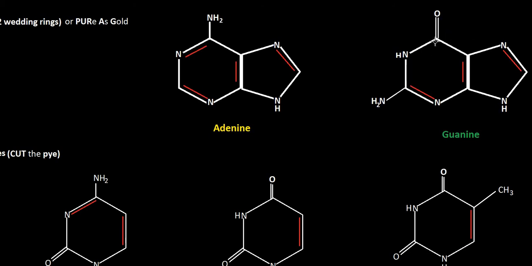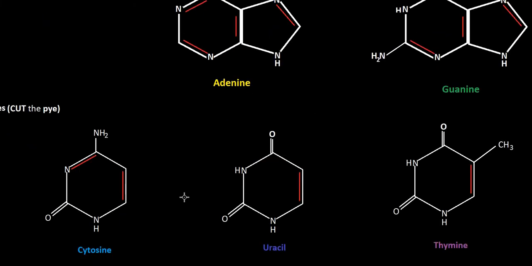So guanine has a carbonyl group, and adenine has 0 carbonyl groups. Cytosine also has a carbonyl group, but it's just a 1 ring structure as opposed to guanine, which has 2 rings in the structure. Now, to go from cytosine to uracil, you just add another carbonyl group, right? There are 2 carbonyl groups in uracil.